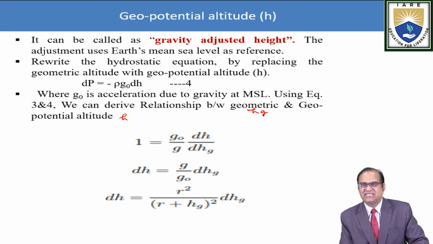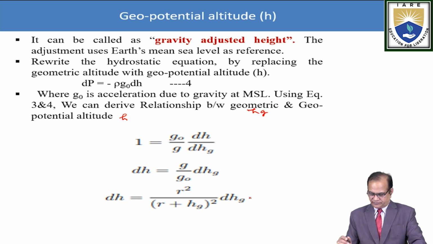So here we can see that dh is equal to g by g naught dhg. This g by g naught varies as r square by r plus hg whole square, into dhg.